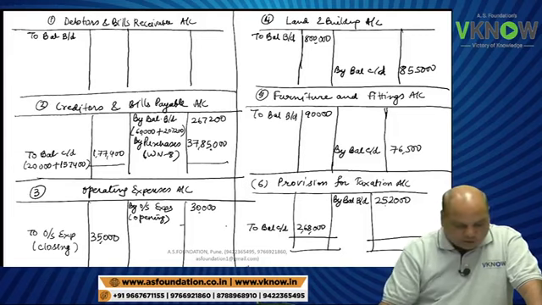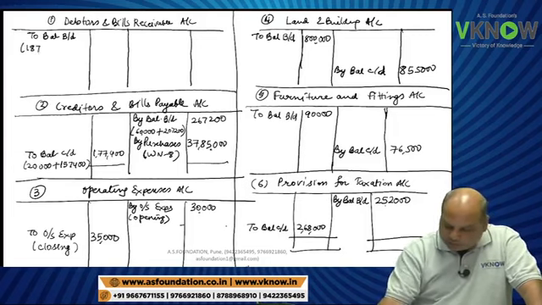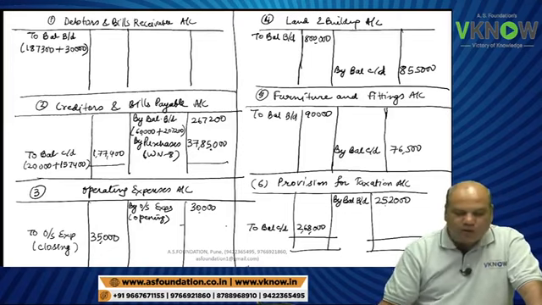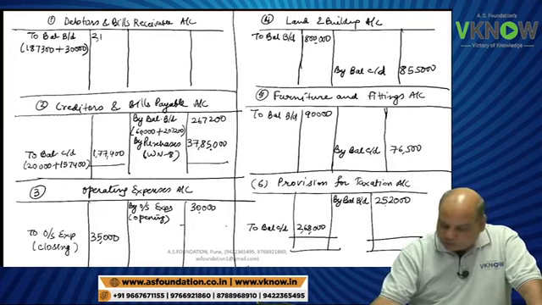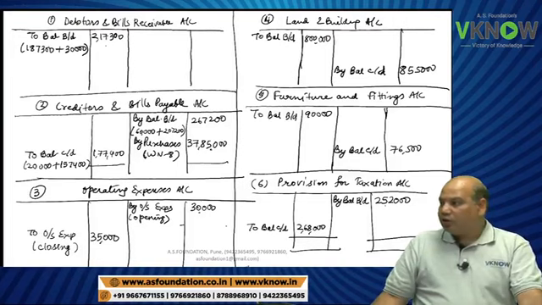You write debtors 1,87,300 plus bills receivable 30,000. So the total opening balance of these two would be 2,17,300.